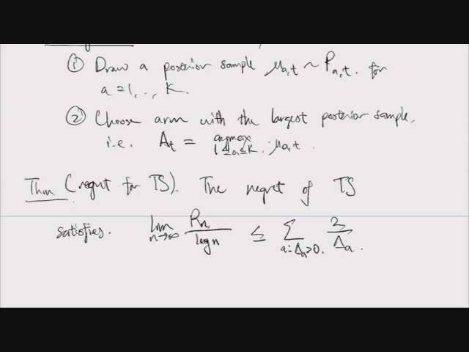This is essentially saying that the regret growth for Thompson sampling is logarithmic in the time horizon n, right? And this is a property that is shared by UCB.